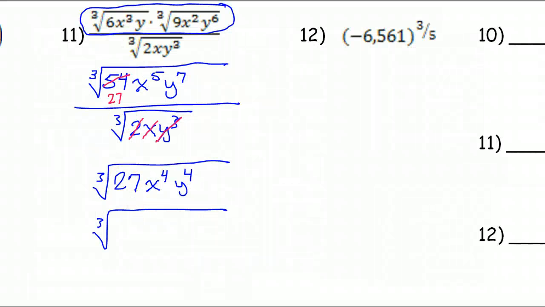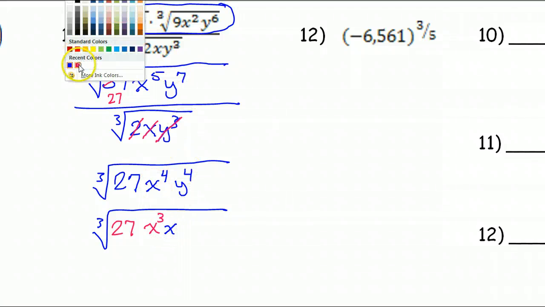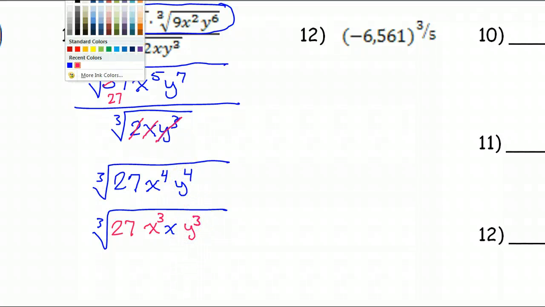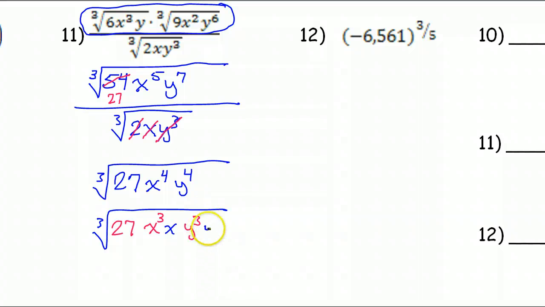I'm just mentioning that because that's why I'm going to make the 27 pink, because it will simplify. I need these 4's to be divisible by 3. So I have to split these variables up. So x to the 4th power will become x to the 3rd power times x. Similarly, y to the 4th power will become y to the 3rd power times the extra y.